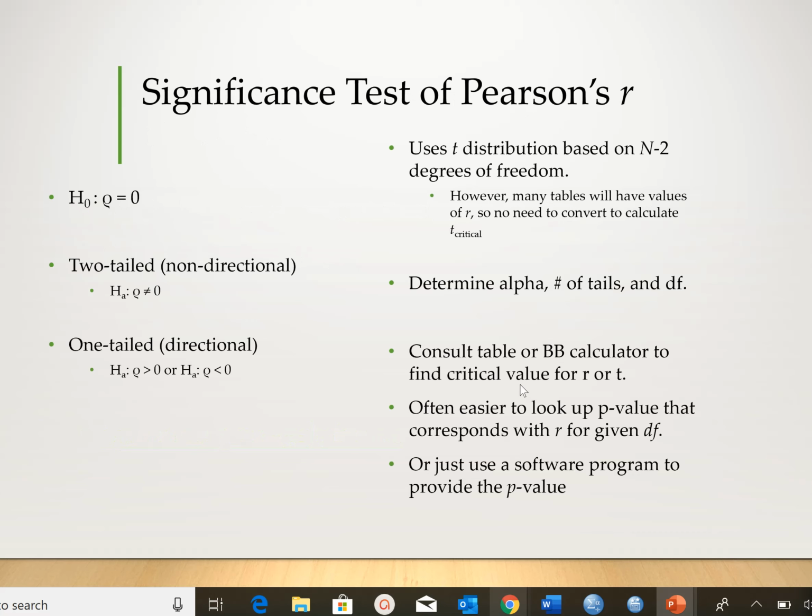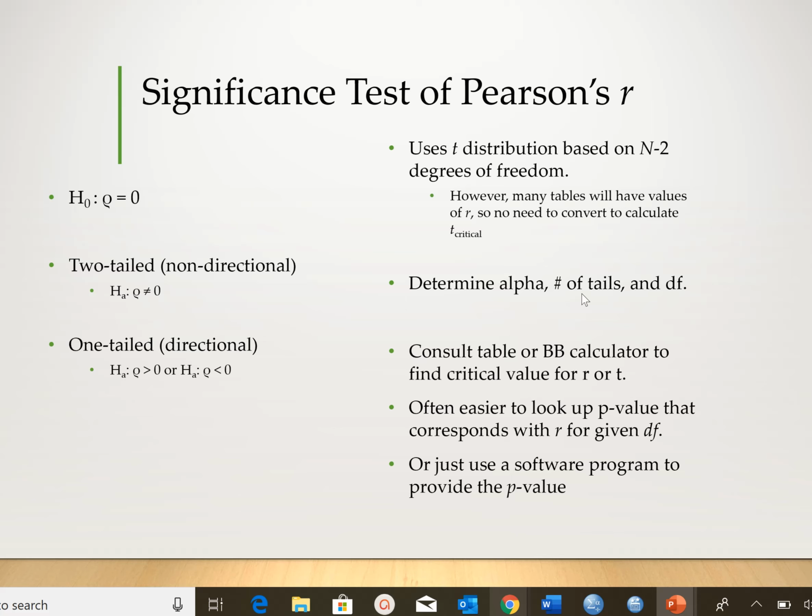The significance test for Pearson's R is basically, as I said, the null hypothesis is that in the population the correlation equals 0. The alternative hypothesis for a non-directional or two-tailed test is that the correlation does not equal 0, and for a one-tailed test it's that the correlation is either greater than or less than 0.